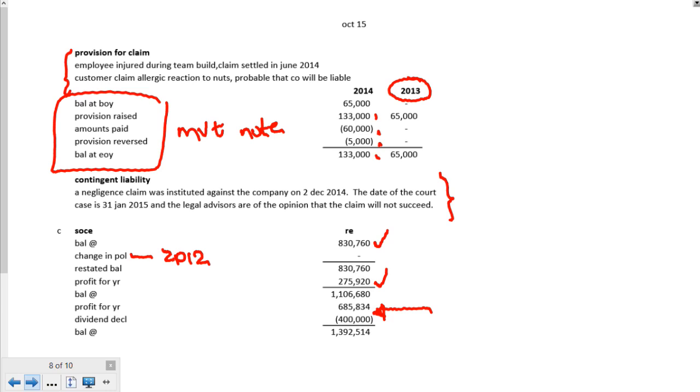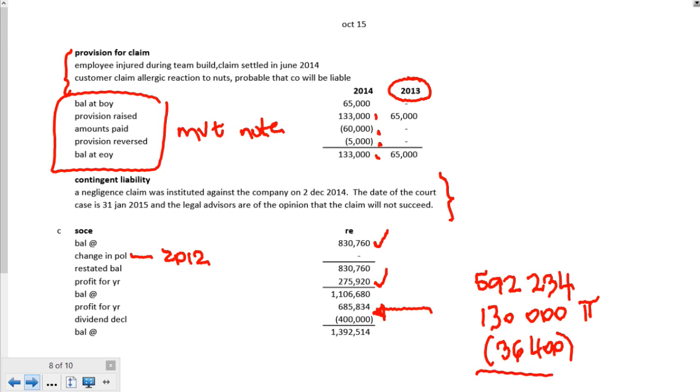Yeah, the current year's profit. 592,234. Okay, then do you agree I made 130,000 on the consignment? And then I had tax. What was that tax number? You even corrected it for me. 36,400. Okay, that's how I get to that number.